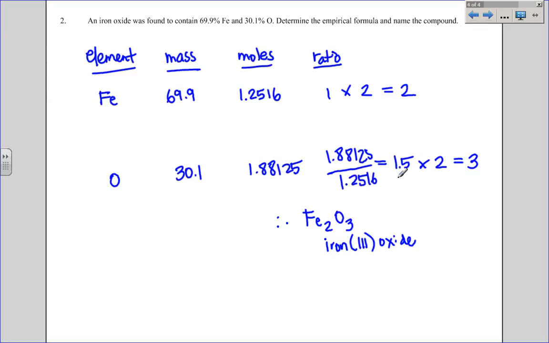Just a little side note about this final step here. When you're deciding what you need to multiply in order to get a whole number ratio, if you can't see it right away, like some of you may have seen right away, oh, I just need to multiply that by 2, you can do trial and error.